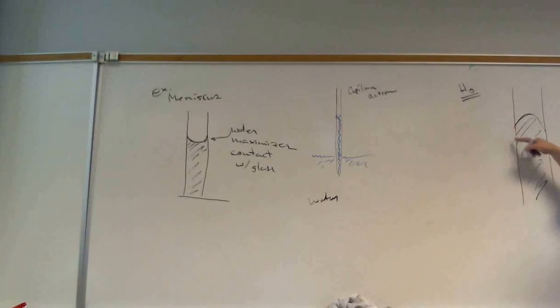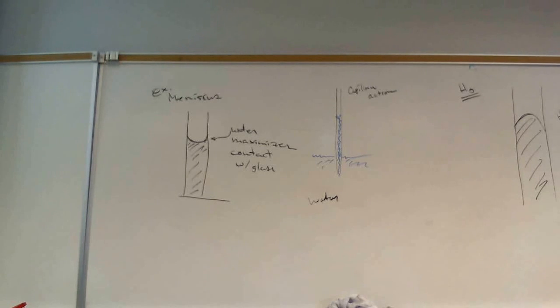Mercury liquid minimizes contact with glass. Why? Because the cohesive forces in mercury are very strong. Why is it strong?